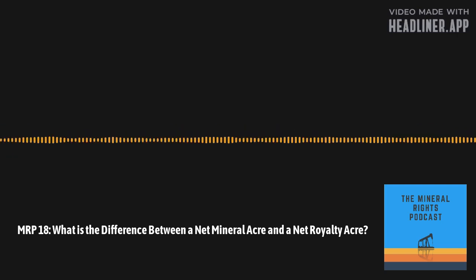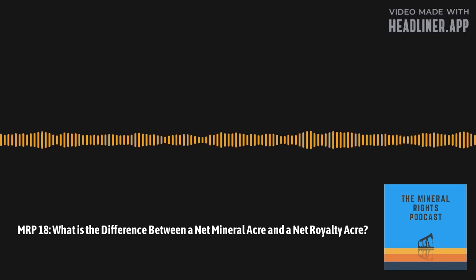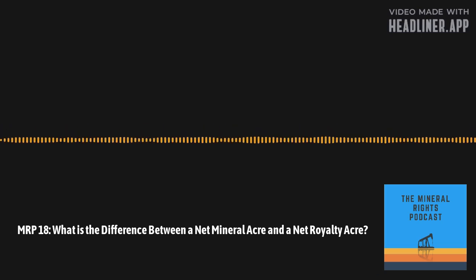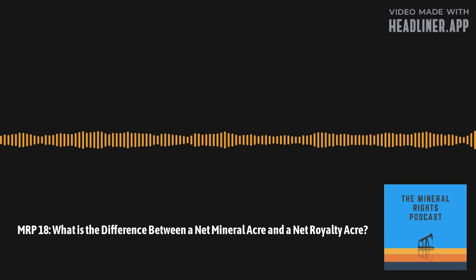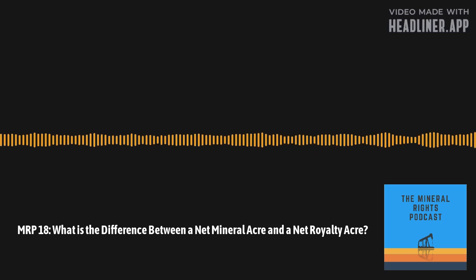If you've received a purchase offer and want to compare it to your neighbor's offer, you can do this from knowing your number of net royalty acres. So if you had an offer of $6,000 per net mineral acre and you have those 16 net mineral acres, that's a $96,000 cash purchase offer for your minerals, face value.